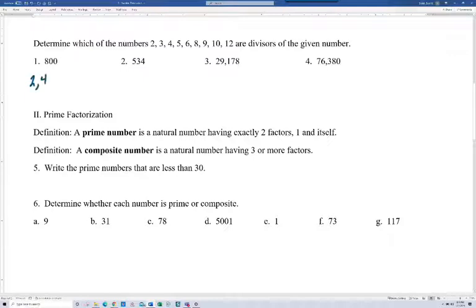Certainly 100 would be divisible by 4 as well as 800. Let's see, 5, it ends in 0, so yes, 5 is a factor. Now for 6, 2 and 3 don't both work, so 6 won't work. 8 is certainly a divisor of 800.